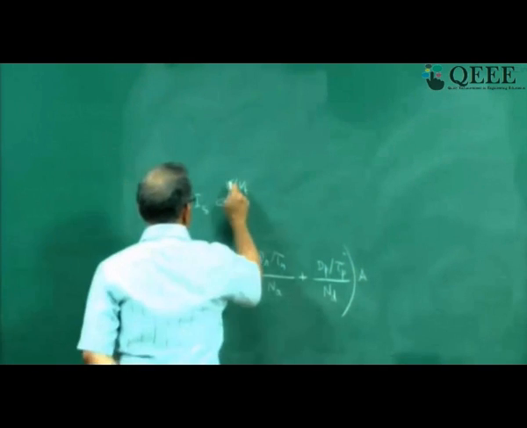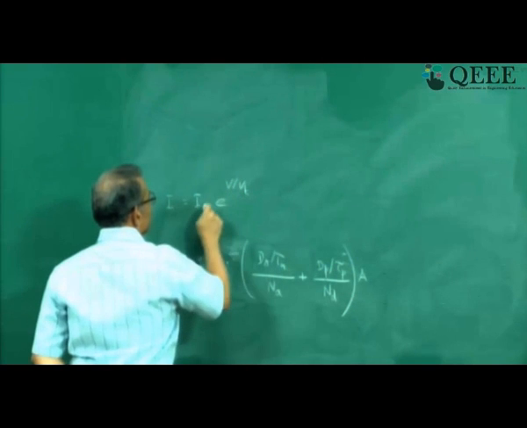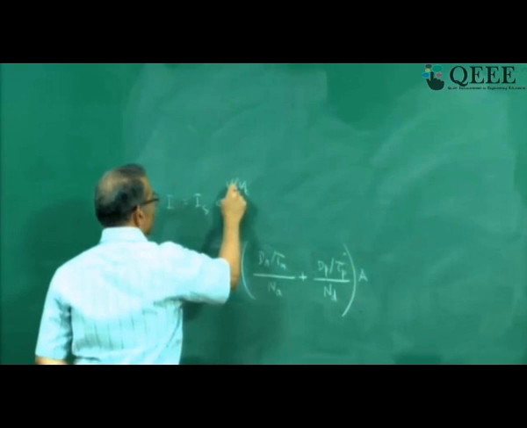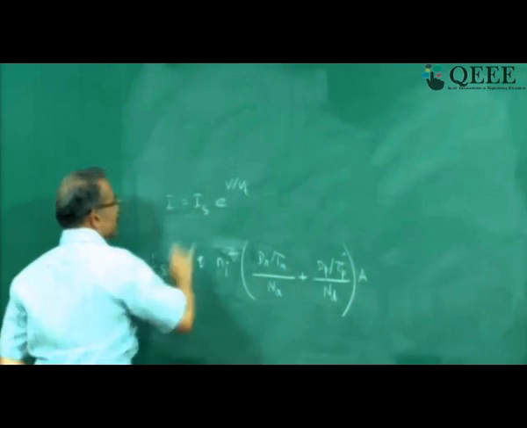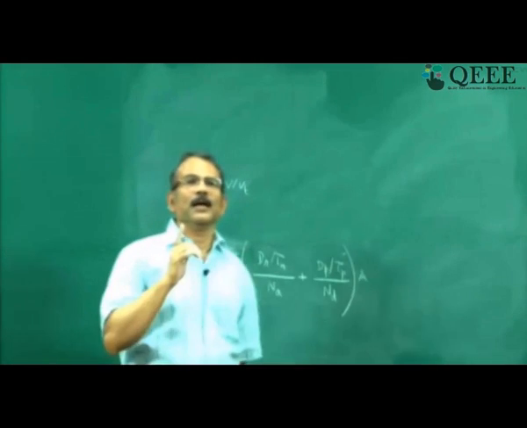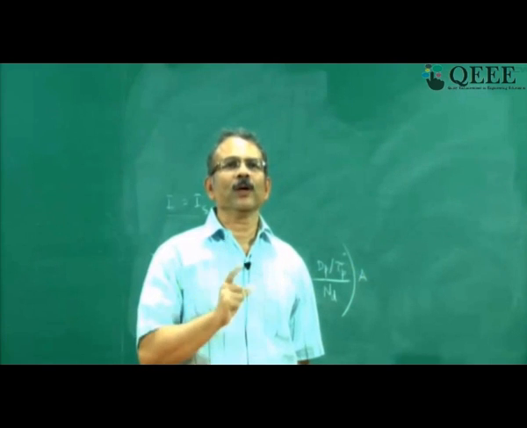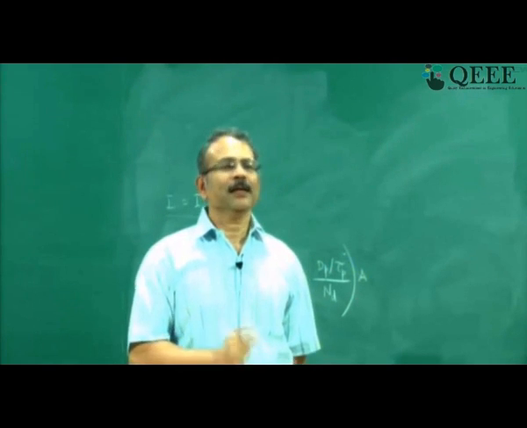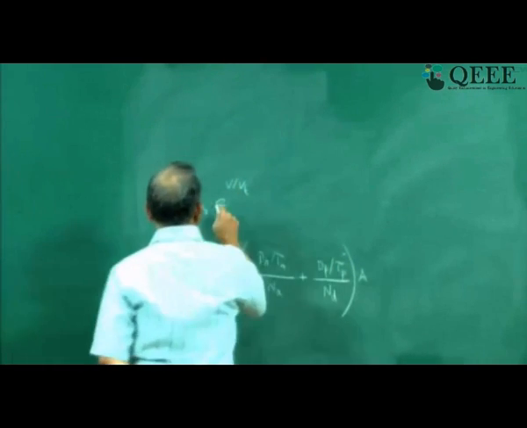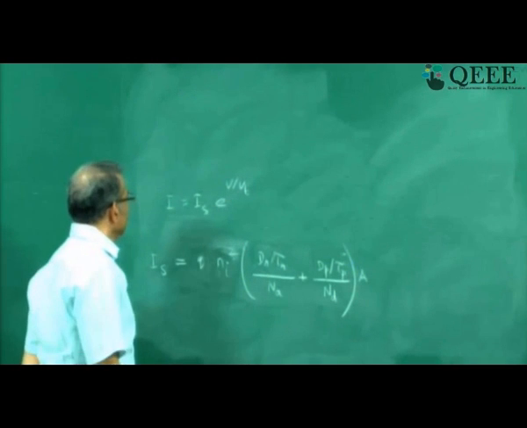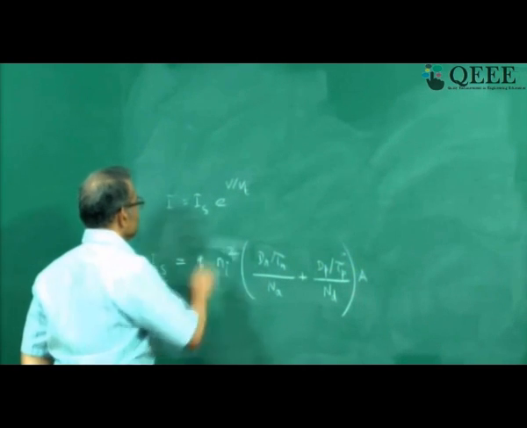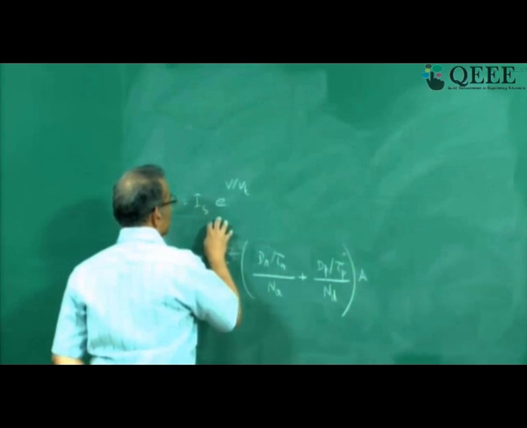If I put V equal to 0, I will get exponential of 0, that is 1. I will get I equal to Is, but the current should be actually 0. If you don't apply a voltage to a device, there should be no current through the device, right? So I know that I have made a mistake here. It is not correct. For V equal to 0, this is unphysical.